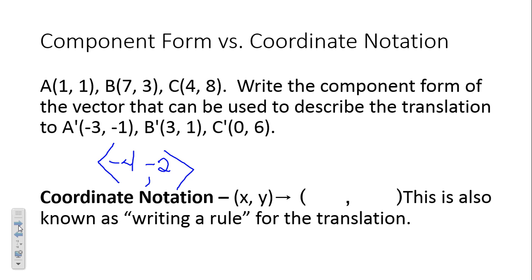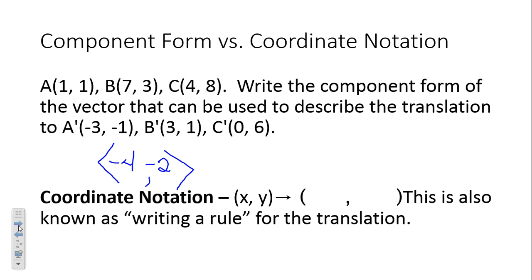That's vector notation. That's component notation. And I think you'll like it better when you see what coordinate notation looks like. Coordinate notation says I'm mapping x and y to a new location. Where are we mapping it?